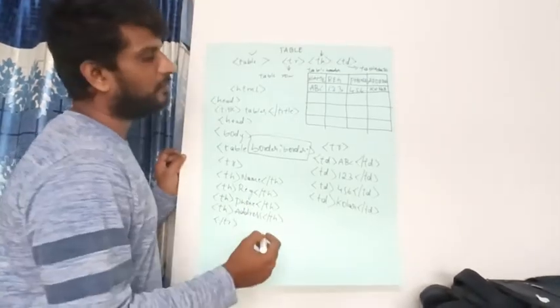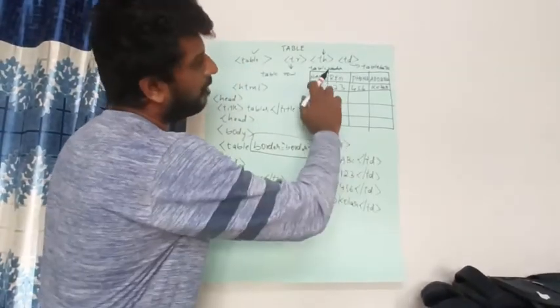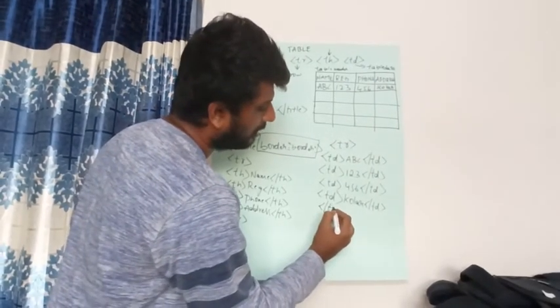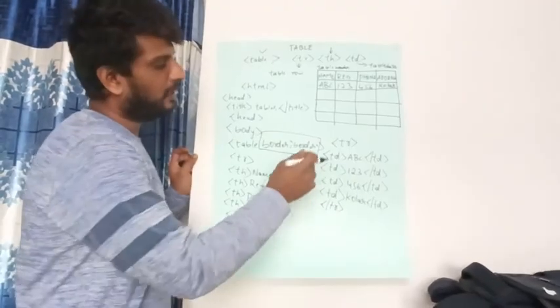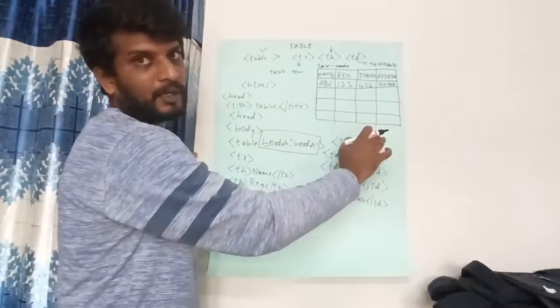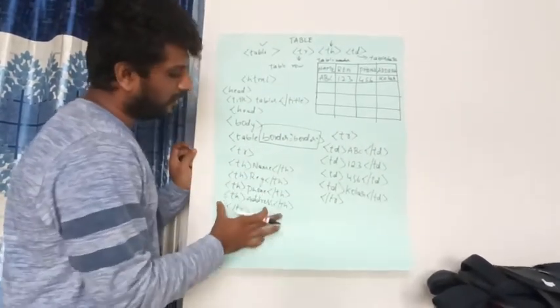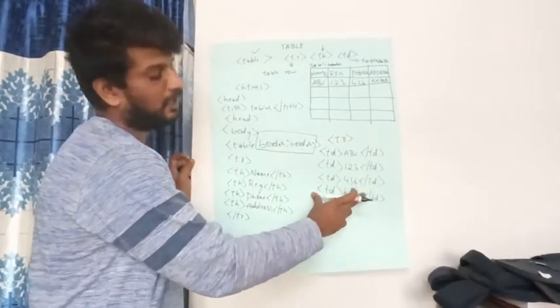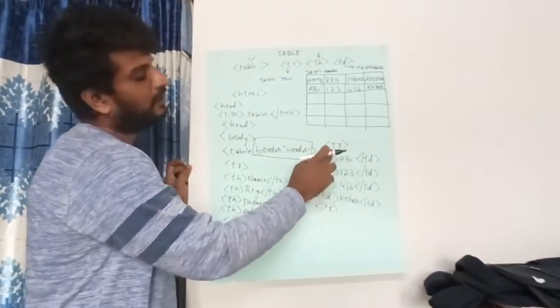Once all four values have been filled, I have to close the tr tag. Like this you can create any number of rows. So I have made use of the th, the tr, and the td.